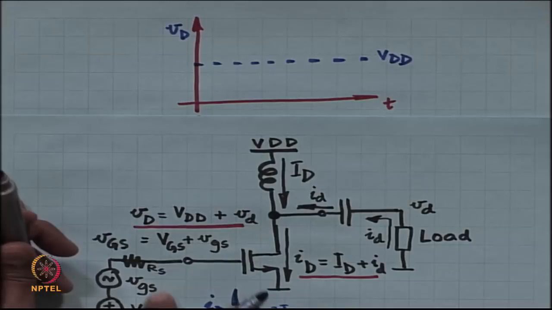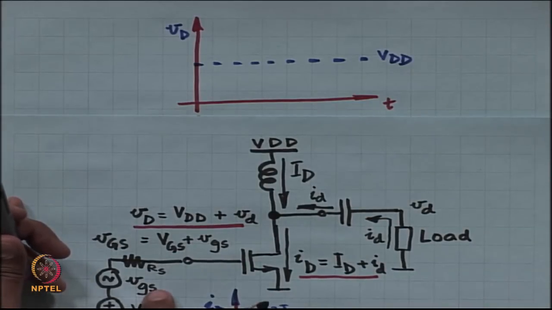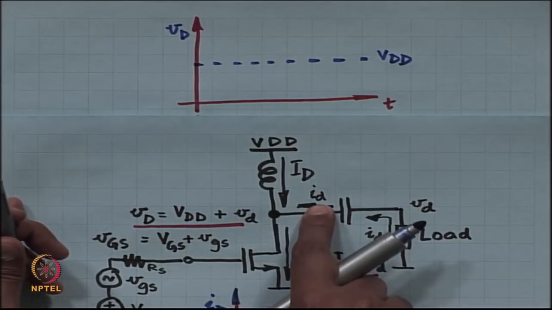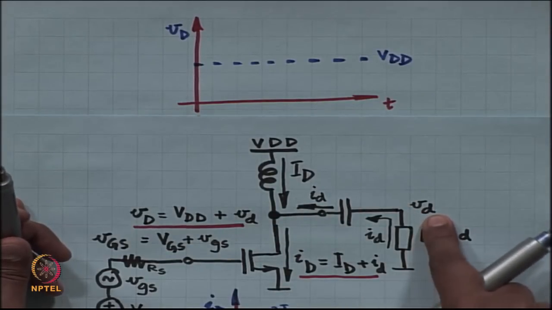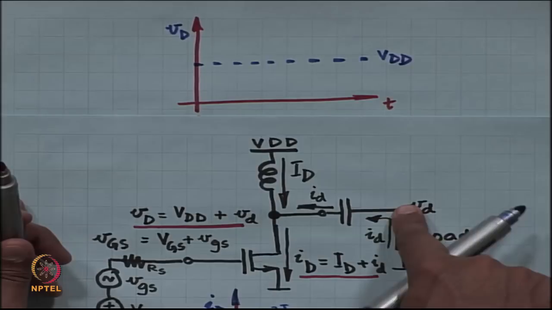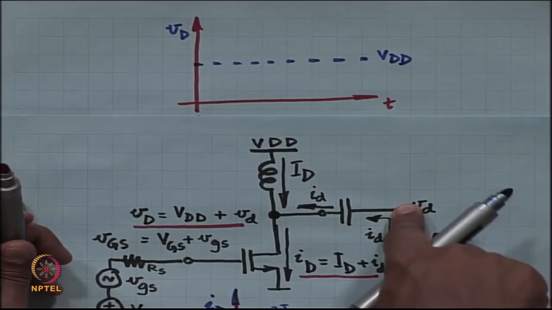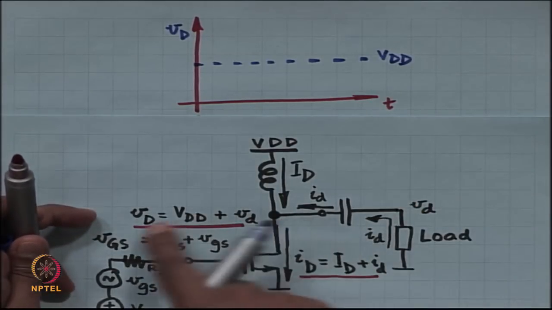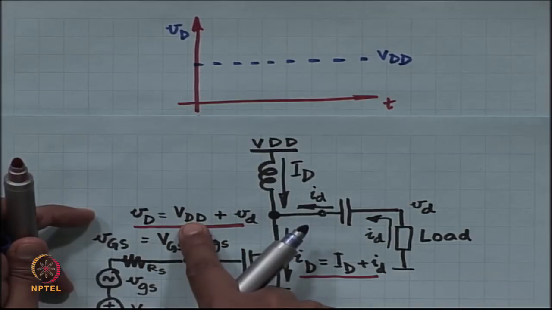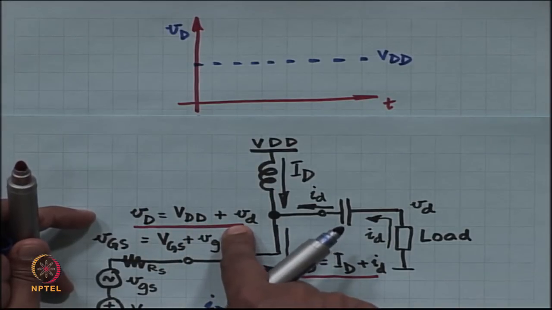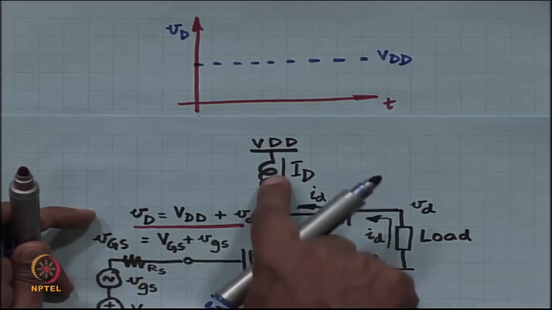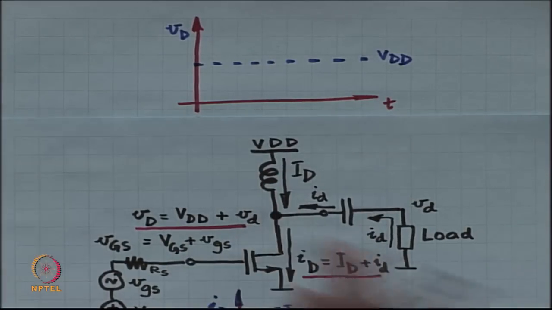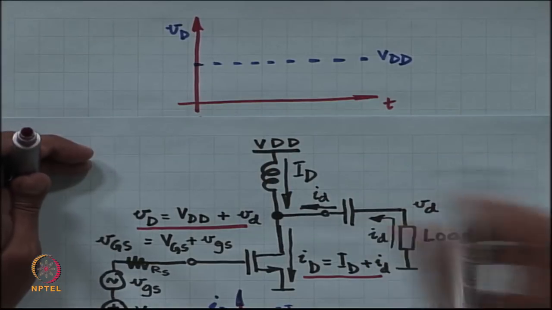Now, when I increase VGS, if VGS goes up, I_D goes up, right. When I_D goes up, what happens to small v_d? Small v_d actually becomes negative, which means that v_D is going to decrease. So, when the input voltage goes up, the drain voltage is going to go down naturally, right.